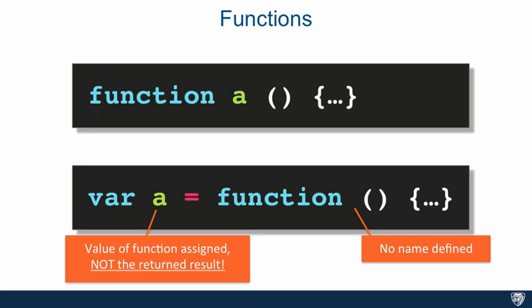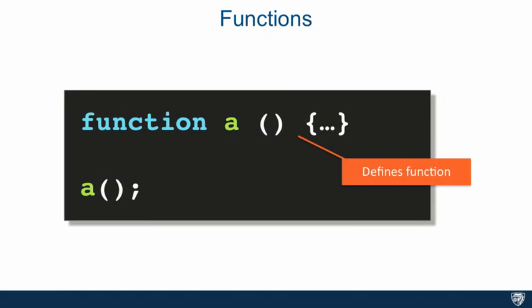Now notice that the value of the function is assigned to a, not the returned result of the execution of that function. So after either of these definitions, you could now invoke, otherwise known as execute, the function by referring to it by its name a.